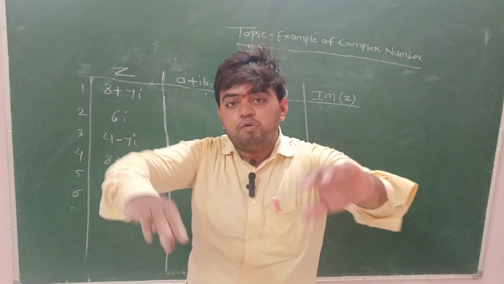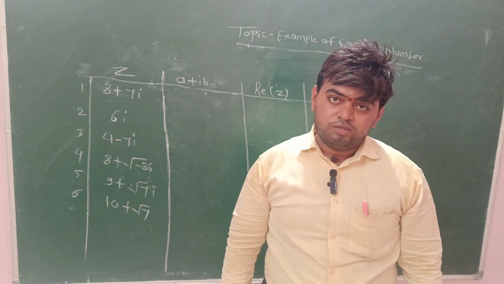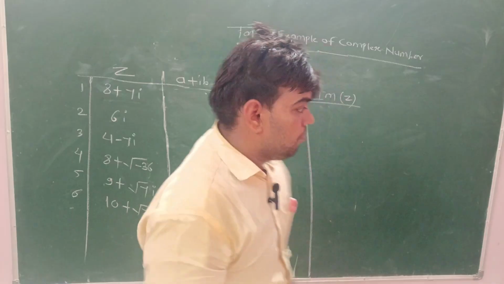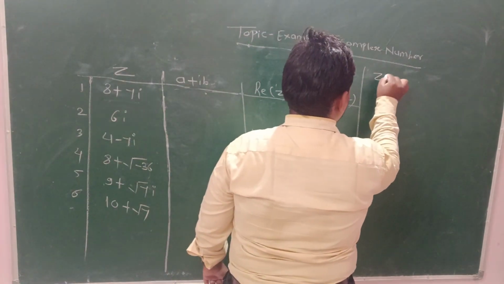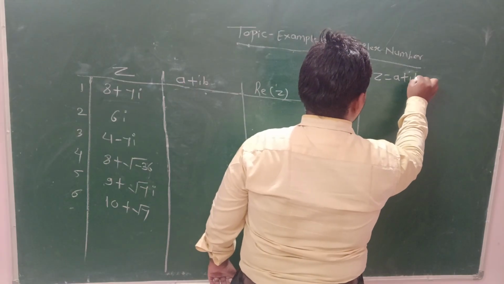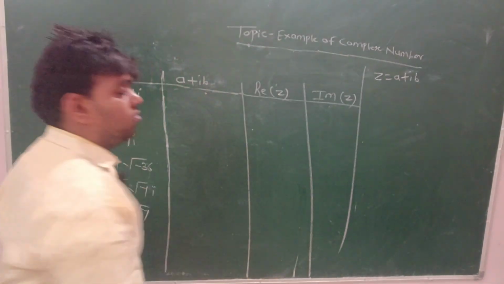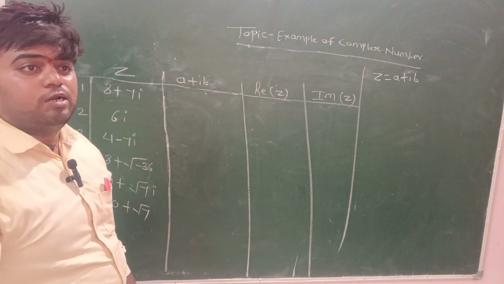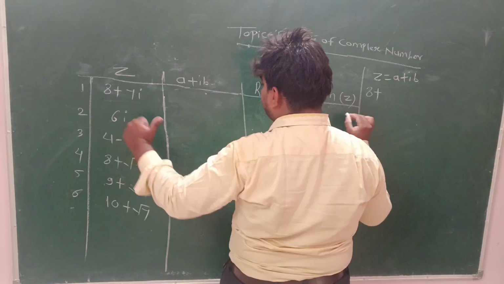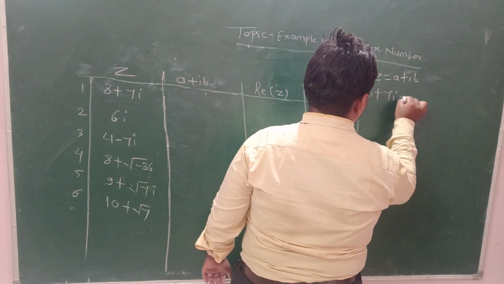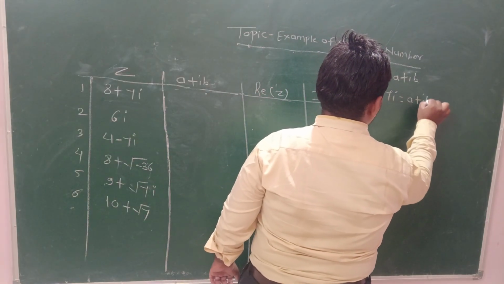The complex number is denoted z. Okay, with that, z equals a plus ib. This is the first example of z: 8 plus 7i, equal to a plus ib.